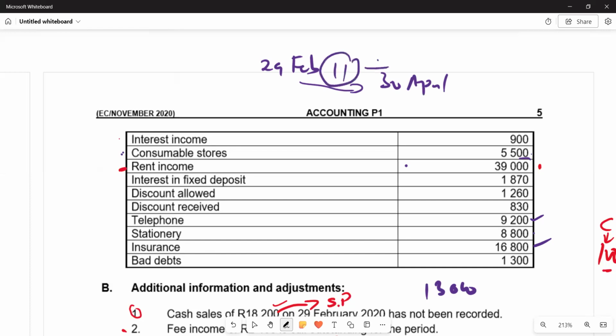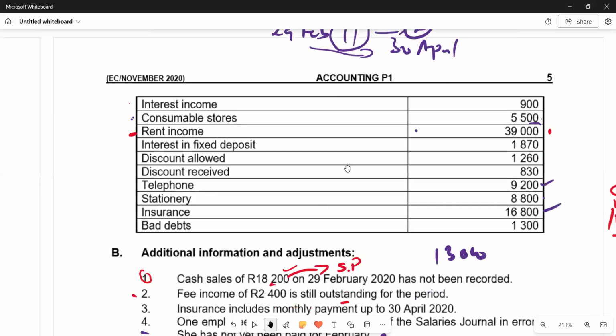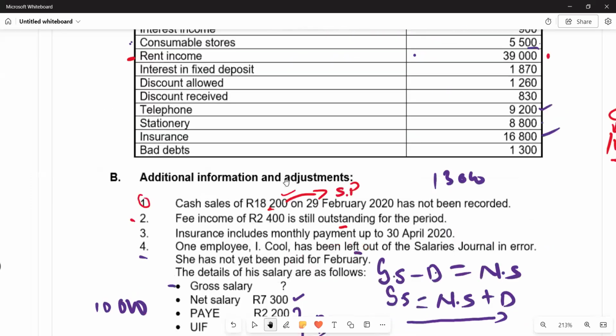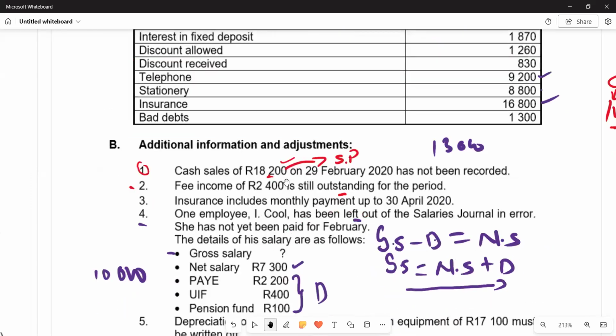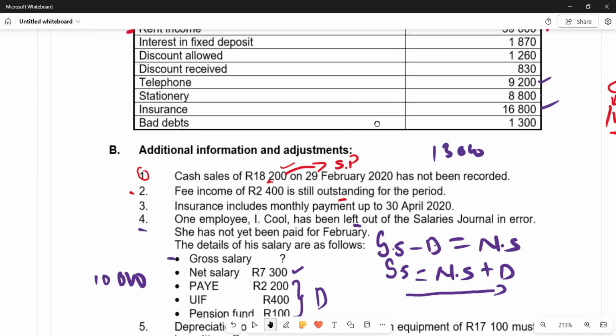So we've got 2 months that are extra and don't belong to this financial period. We need to find these 2 months and remove them. So it means we've got our 12 months that were paid, and then the extra 2 months were also paid, to make 14 months.